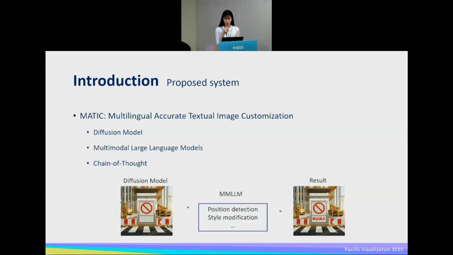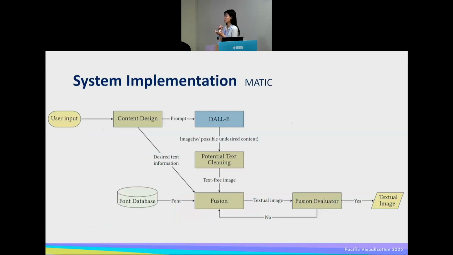In our work, we only use the diffusion model to generate the image without any text. And then we use a multimodal large language model to do position detection and style modification for the words, and we will generate the parameters. In the end, we will use these text parameters and then fuse the text back to our image to get our final textual image.